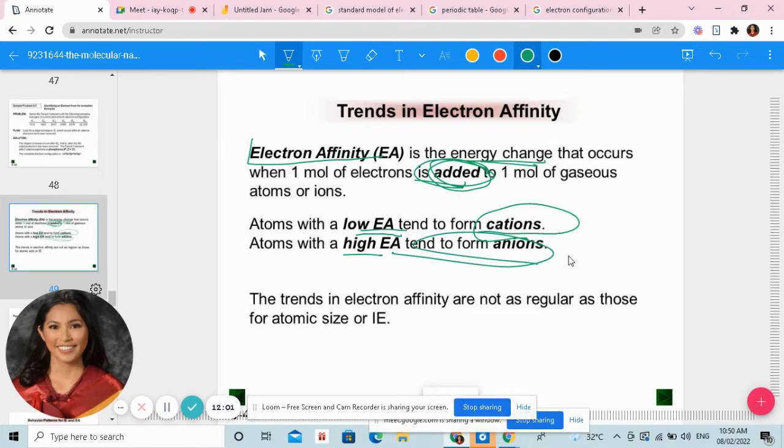Murag same ra siya sa IE, ihang trend. But it's not always as regular as those for atomic size or IE, because there are exceptions here. Low EA tend to form cations.